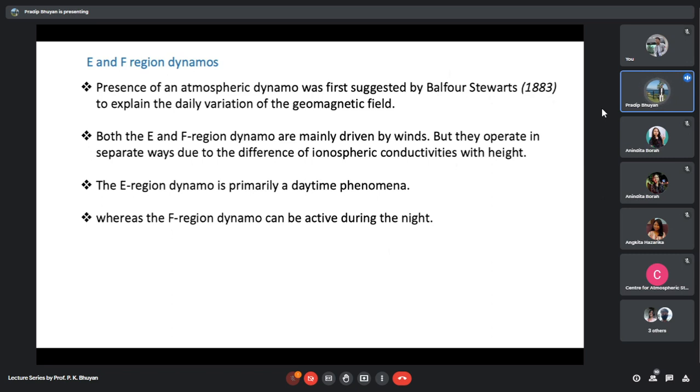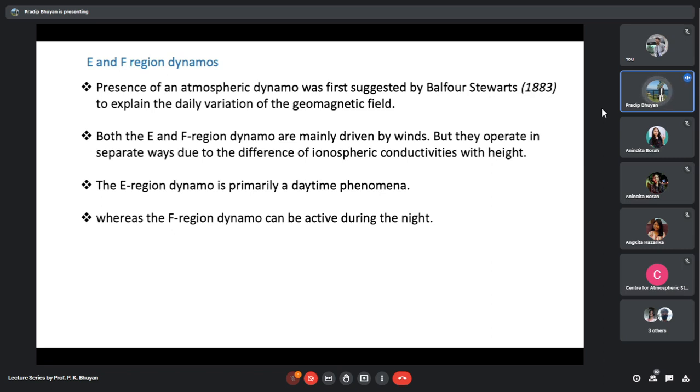These are from ground-based magnetometer measurements, not any ionospheric measurements. So he just proposed that within the atmosphere, he didn't say at what height or of what intensity, what direction, but he assumed that there may be a dynamo-like structure or an engine which is driving or influencing the current here.